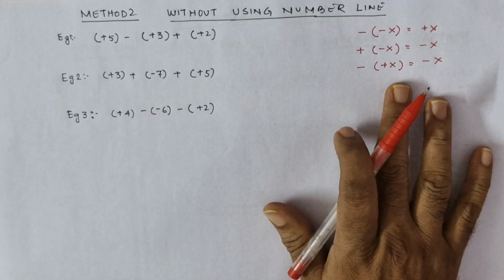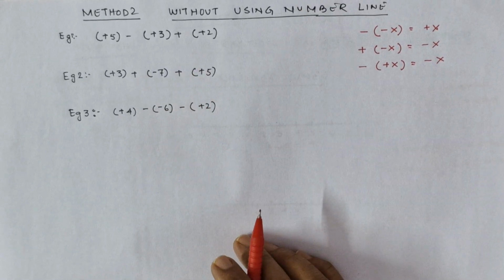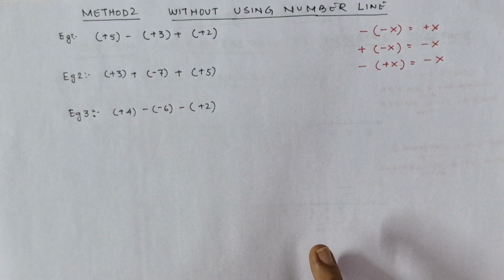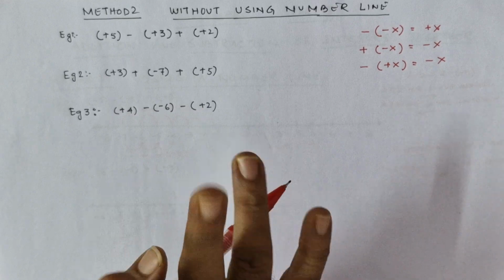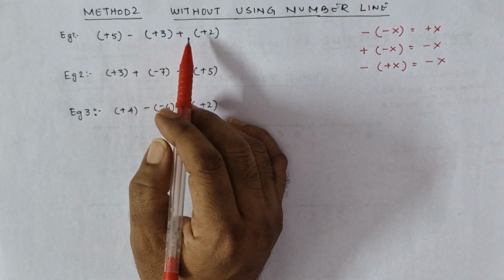So we will follow these rules to do these questions much faster than the other rule that I have shown you before. So what was that rule? I have shown you that for 2 additions or 2 subtractions.